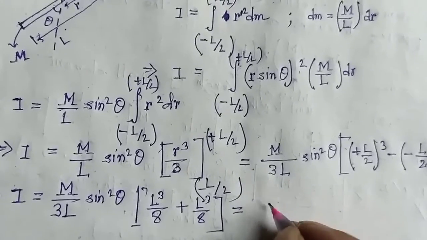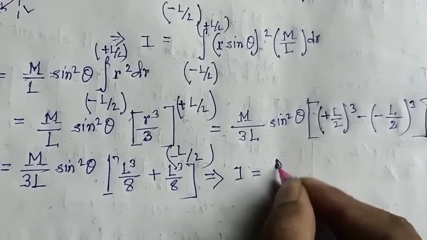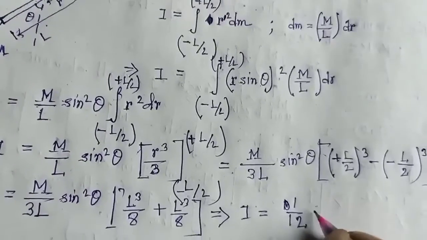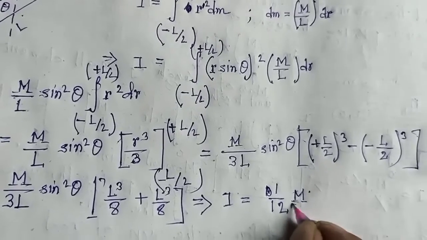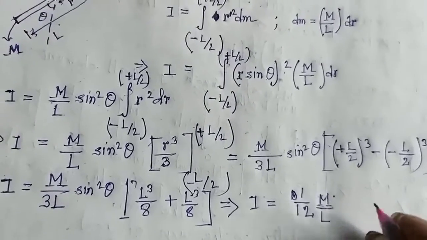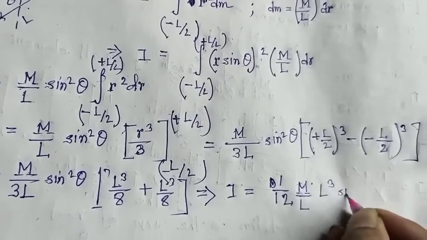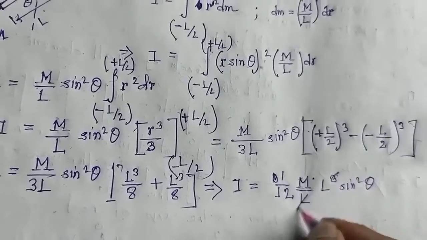It becomes I equal to 1 by 12 m divided by L into L cube sine square theta, so it becomes L square.